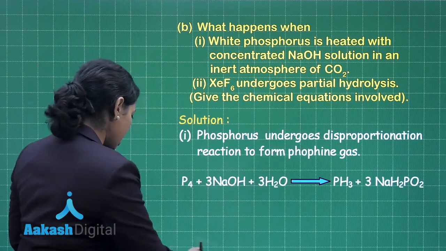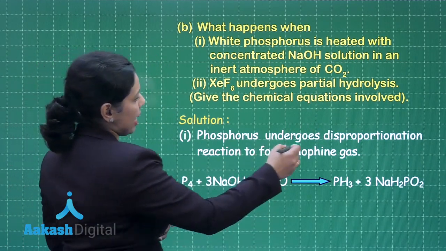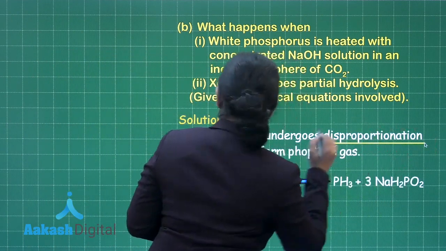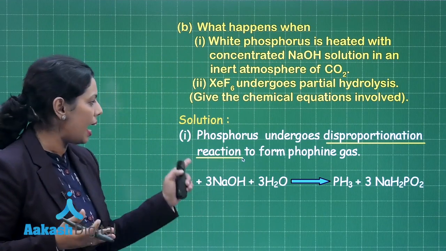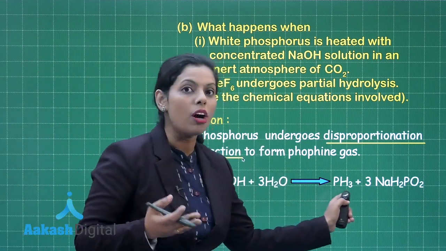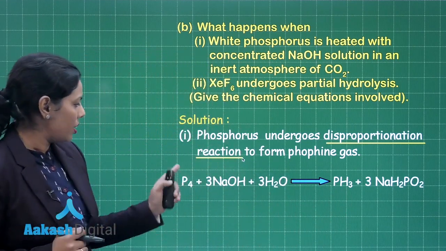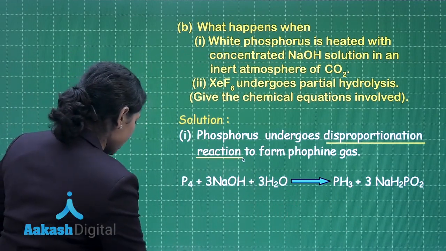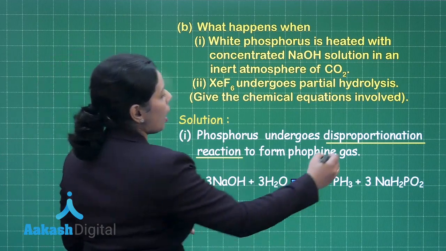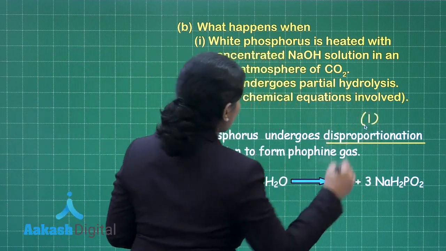What type of reaction is it? It is a special type of redox reaction, the disproportionation reaction, in which the same substance is getting oxidized and reduced both, and in this reaction there is the formation of phosphine. Further, I have written here the chemical reaction that is taking place. That's why you will obtain 1 mark for this.